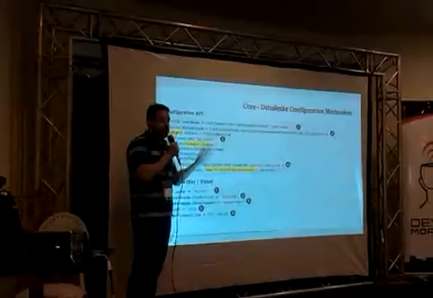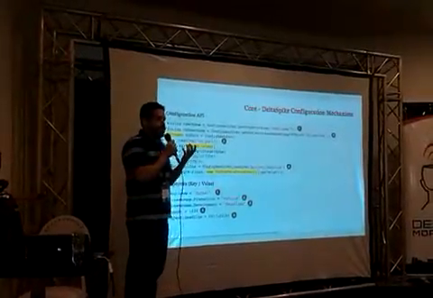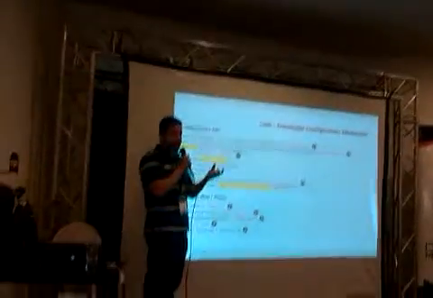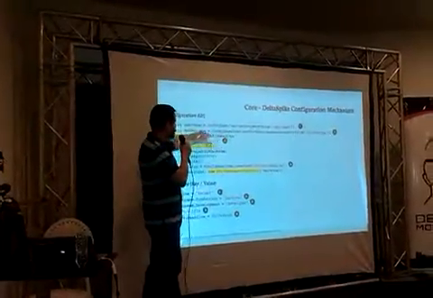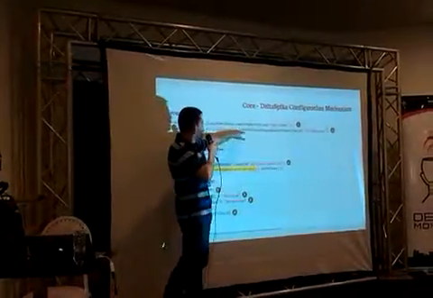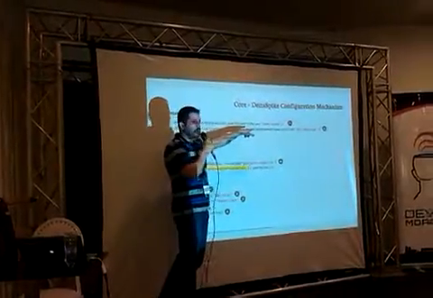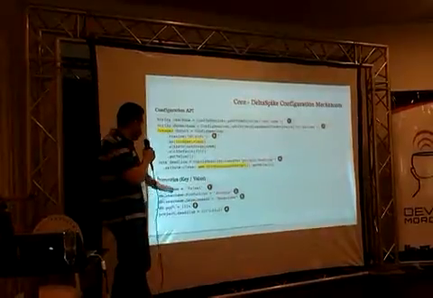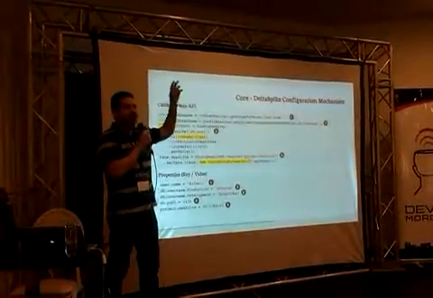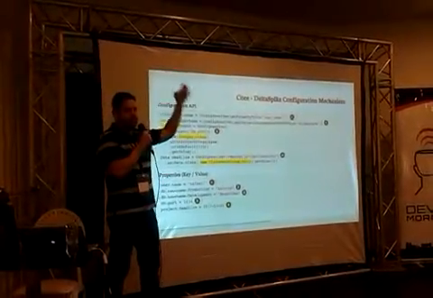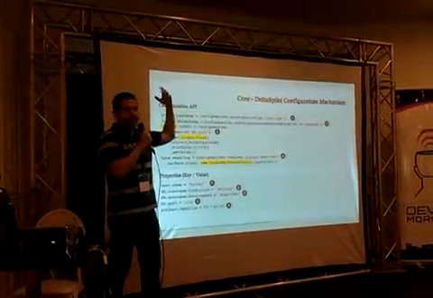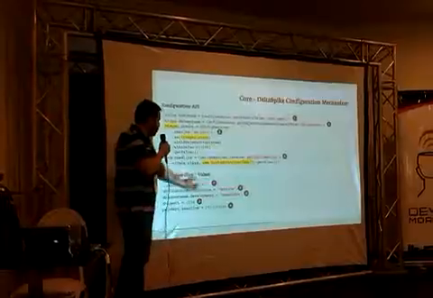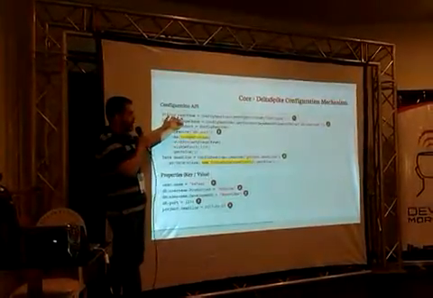For example, suppose that you want to have a configuration of the username. You can use a DeltaSpike class called ConfigResolver, getPropertyValue("username"), and DeltaSpike will look for username on the properties file, on the environment variables, on the JNDI value, on the system property. If it finds it, you will have the value placed here.